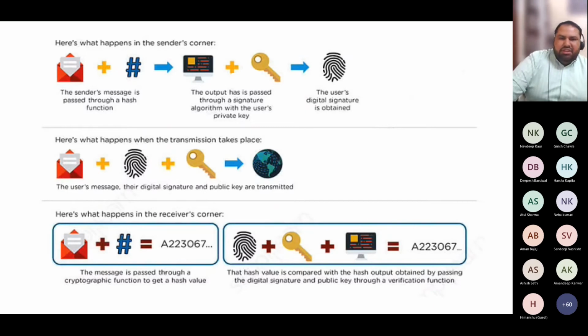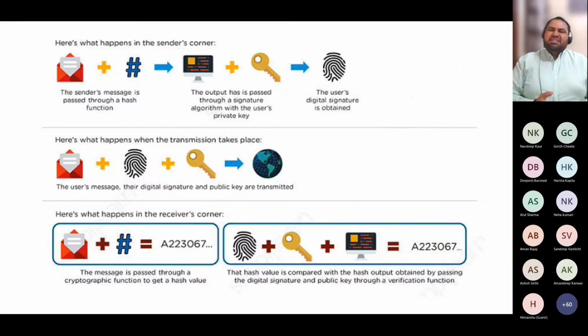So in the Bitcoin process, or blockchain technology process, how is information passed from senders to receivers? First of all, the sender passes the message through a hash function. Then the output of that hash is passed through a digital signature using the sender's private key.